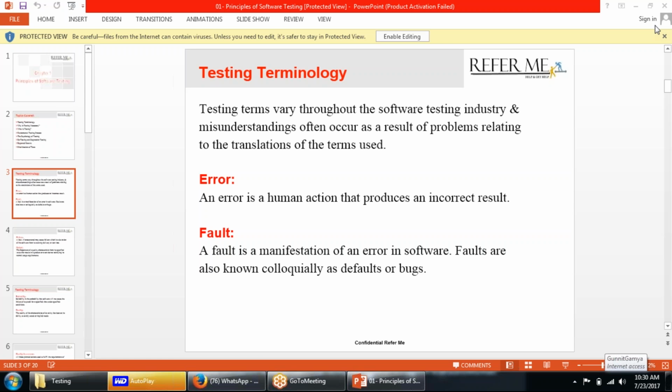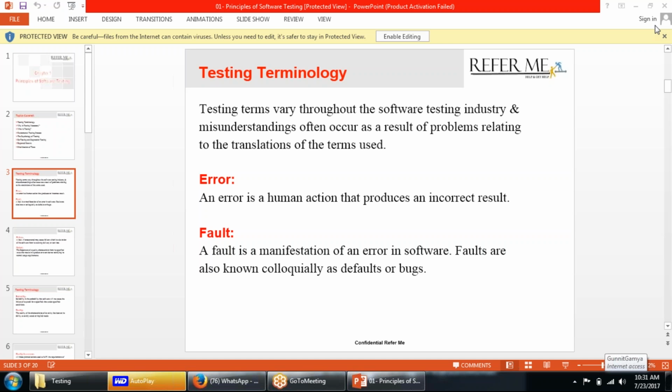Okay, so the one-liner is that testing is a process to validate your application or your function according to customer requirement or according to user needs. That's it. Suppose, for example, I am having a pen and the functionality of the pen is to write on paper.